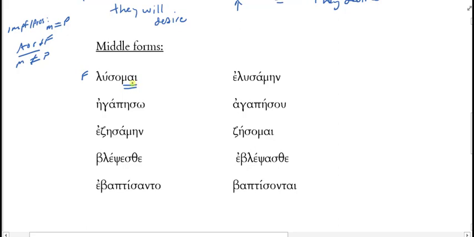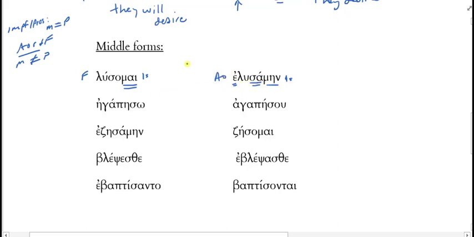It's primary middle passive, first singular. And compare that with elusamein. Here I have the augment, and then I have the sa, and then I have the first singular personal ending, but here it's the secondary middle passive endings. Okay, so this one is the aorist middle.